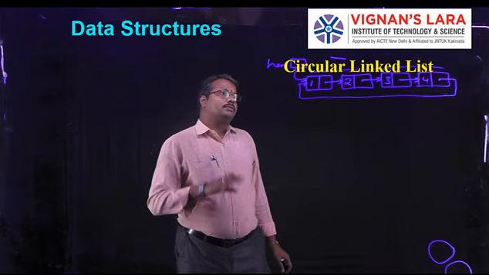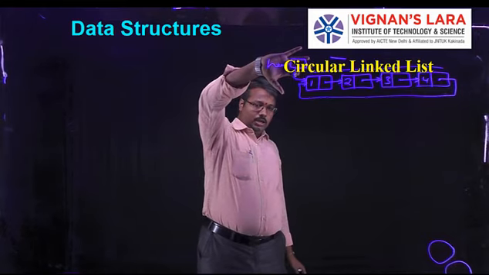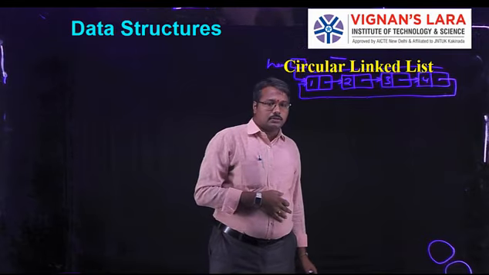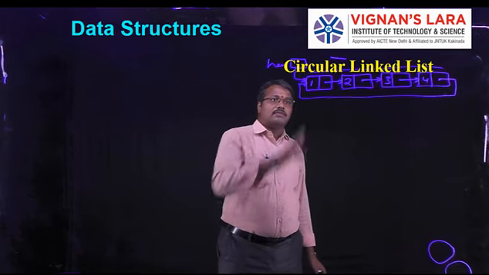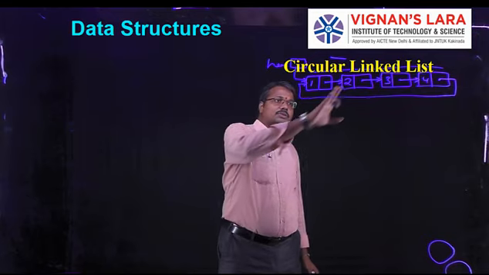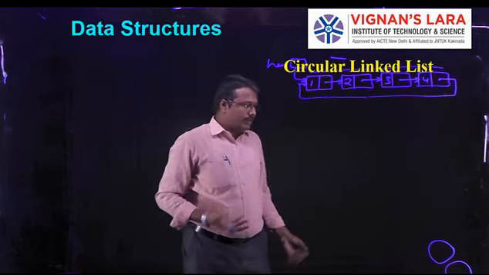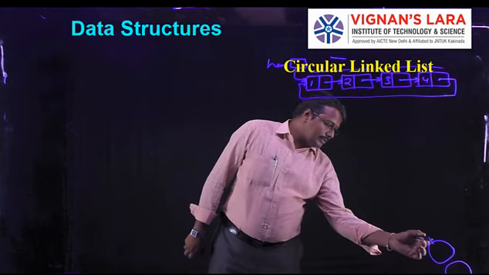Sometimes, suppose the header address is not there, we can take the first node as the starting node, or the second node, or the third node. Why? Because in a circle, any point can be a starting point.